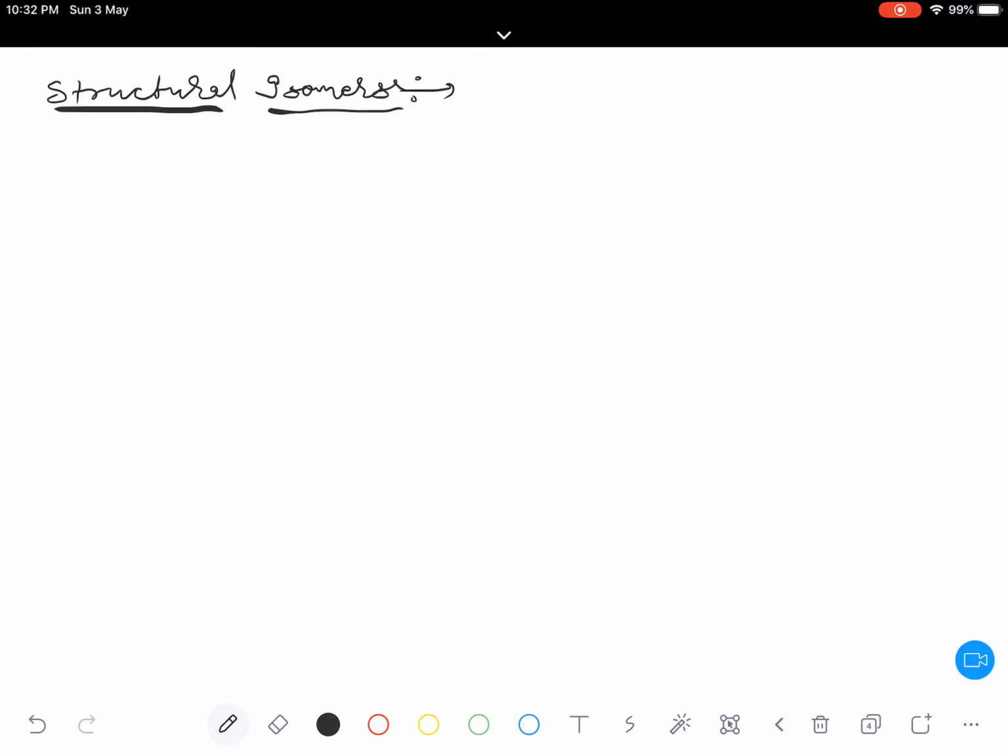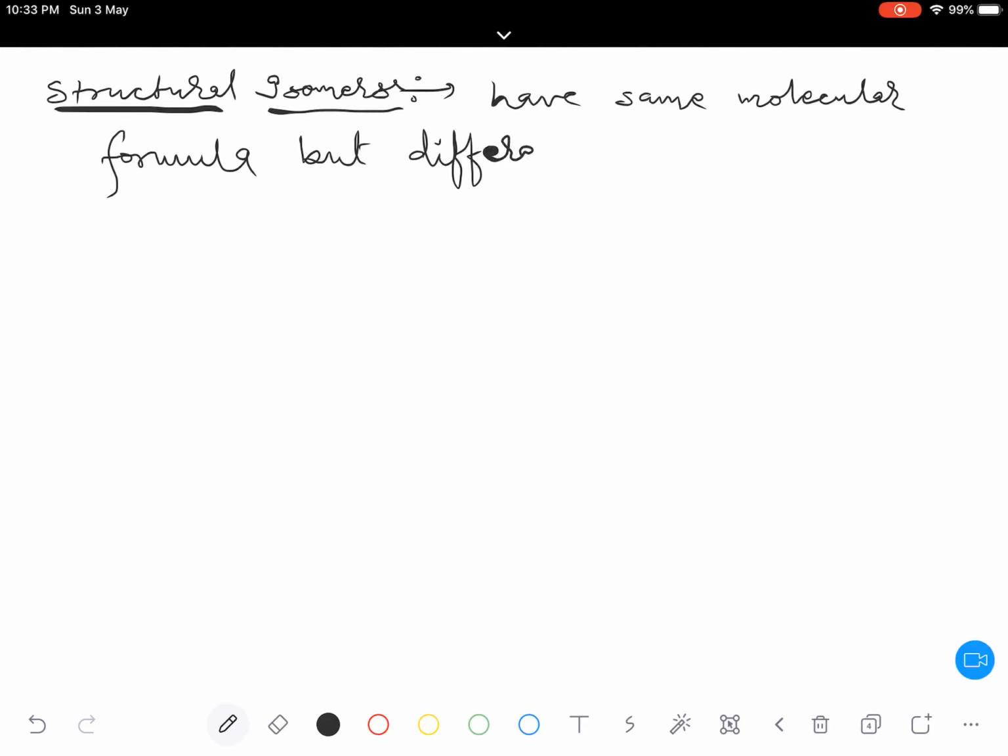And also we have defined that structural isomers are called constitutional isomers. Okay, so here we can write: those compounds which have the same molecular formula but different structure.